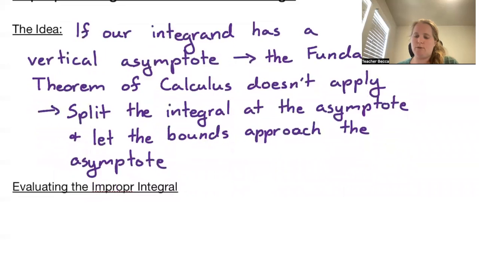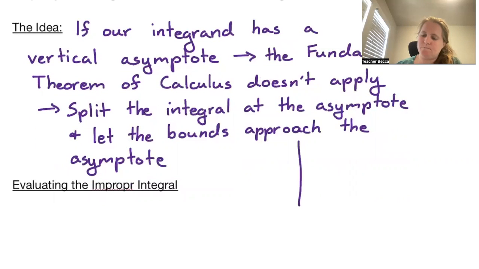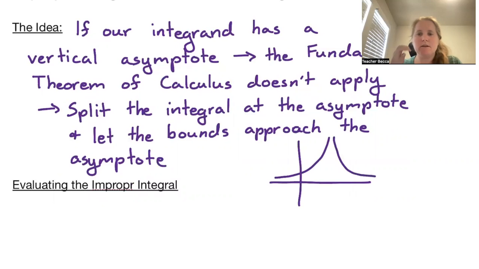So essentially, if I were to draw a quick picture, if we have a graph that looks like this, and we want to find the definite integral, so that's like a, I don't know, 1 over x minus 1 graph, say, or 1 over x minus 1 squared graph. If we want to take the definite integral a little to each side of that vertical asymptote, what we can do is we can break at the asymptote.